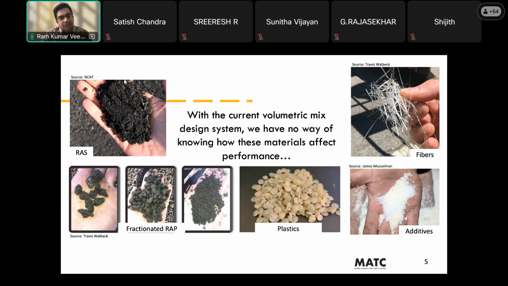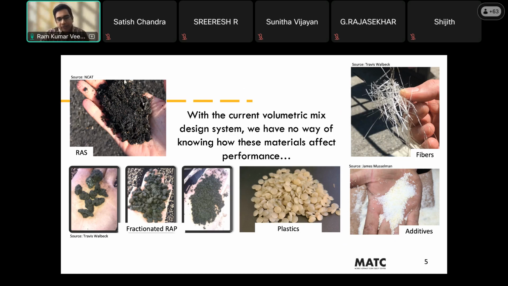And when you're dealing with fractionated RAP, the quality of these RAPs would vary widely, especially now that we are using first generation RAP, second generation RAP, and third generation RAP. If you're using this RAP over and over, the quality of the mix is going to change significantly. Although you would meet the volumetric criteria, the overall performance is impacted when you're using fractionated RAP.